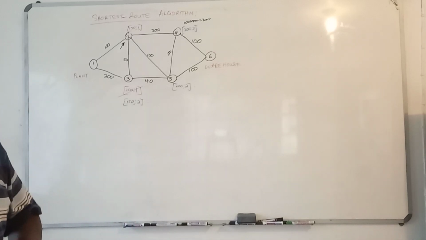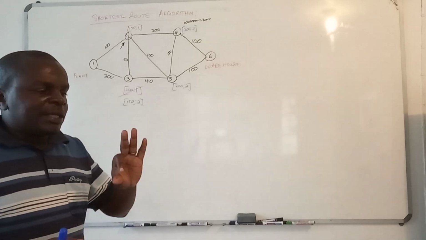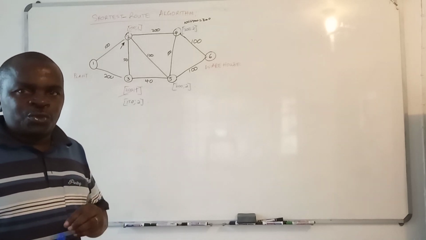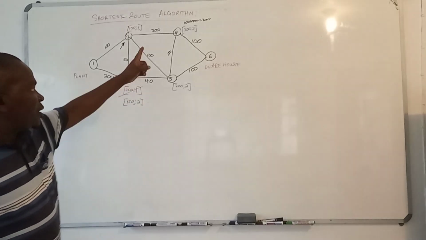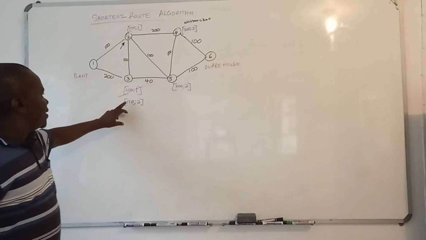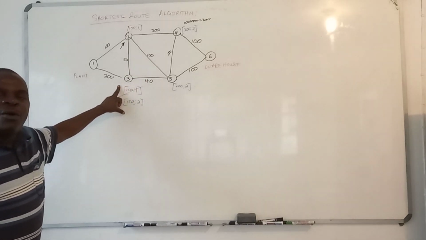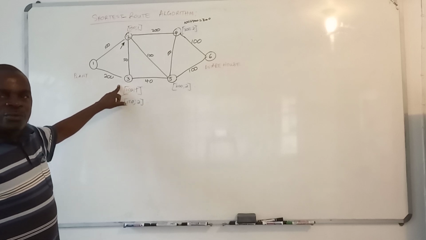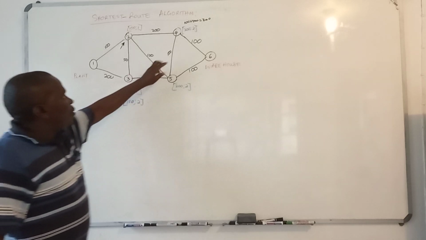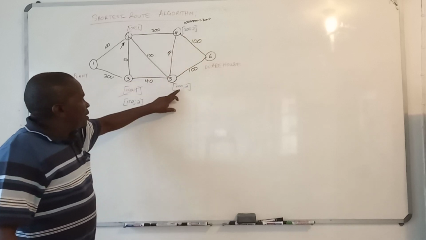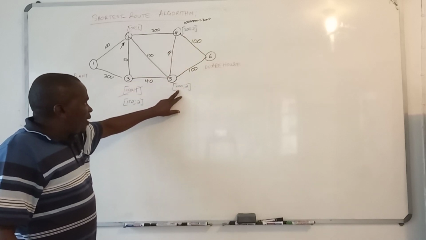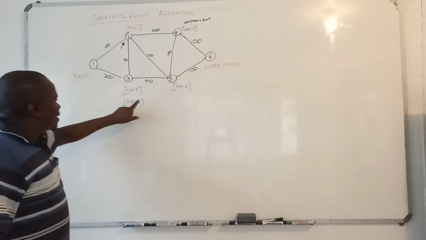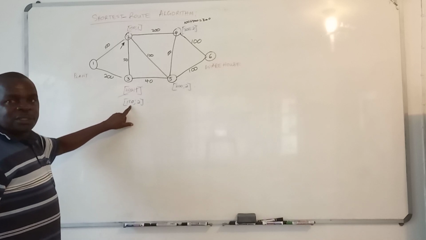Let me take you back to node 2. We said there are 3 possible routes from node 2, which is 4, 5, and 3. Now we compare the values at these 3 nodes. Here we've got 300, which is greater than 200, so we take 200. But if we compare 200 and 150, this one is the smallest.